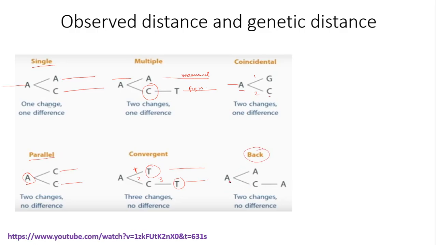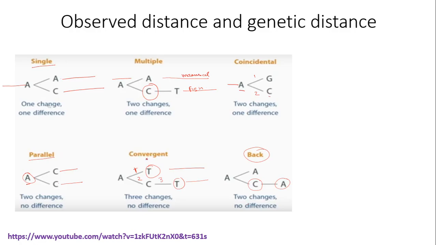As you can see, in subsequent evolutionary time, A in the intermediate group got changed to C. But again, the C was reverted to A, right? And now it would appear that nothing has happened over here. Such changes are called back changes. That would result in two changes but with no differences.